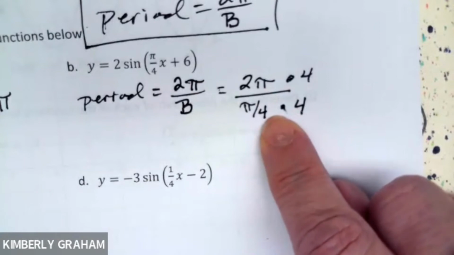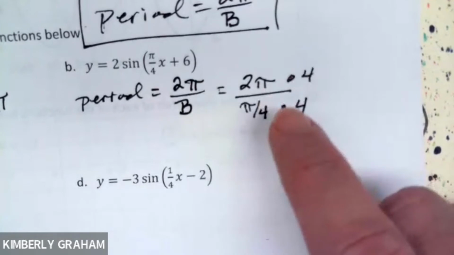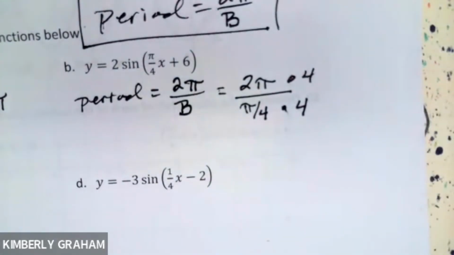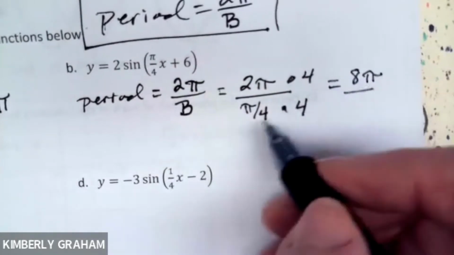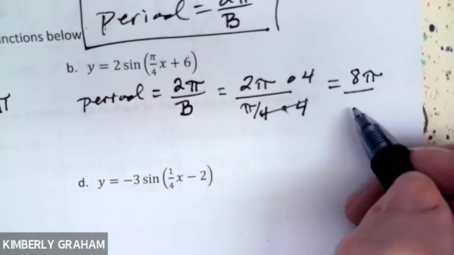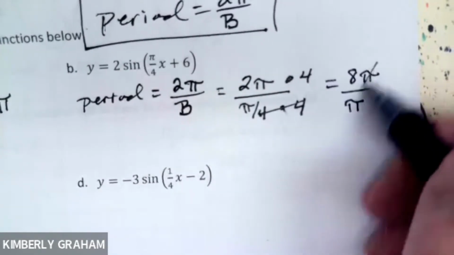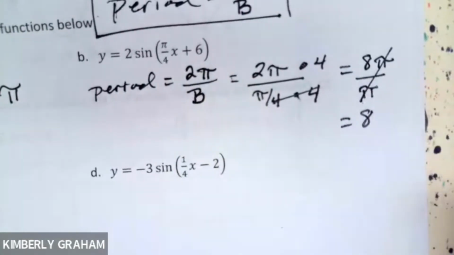My fraction within a fraction, and its denominator is 4. So multiply top and bottom by 4. So in the numerator, I'm going to have 8 pi. In the denominator, the 4's cancel. That's pi. And then the pi's cancel. So my final answer here is 8.